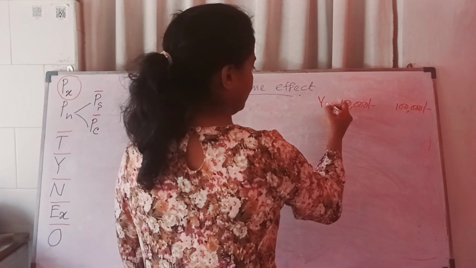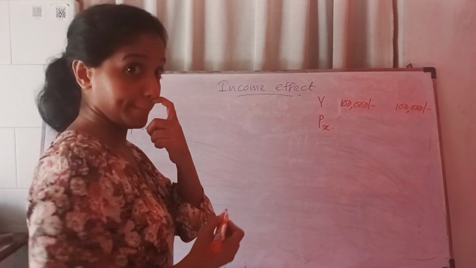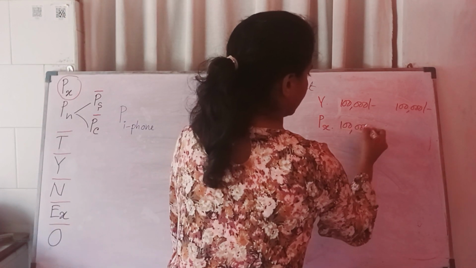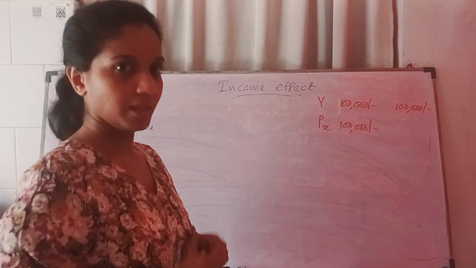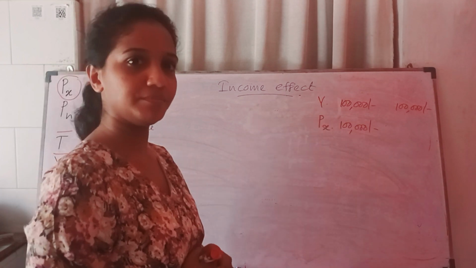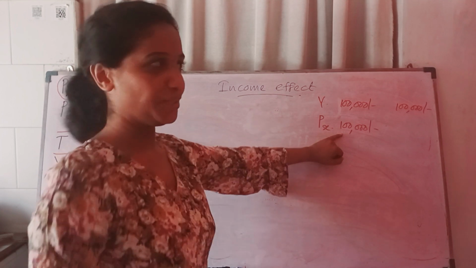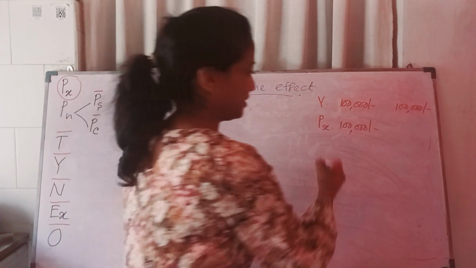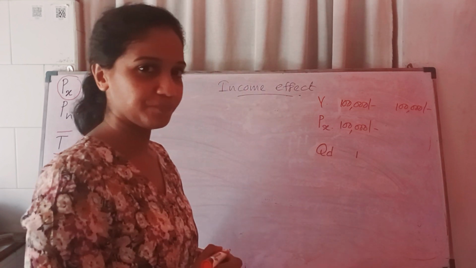The price of the concerned good, let's assume, before changes, is 100,000. The price of the iPhone is 100,000. How many units can you buy from your nominal income? Price of the iPhone is 100,000. You have 100,000 of income, which means you can buy only one iPhone, which means quantity demanded of iPhones is 1, right?